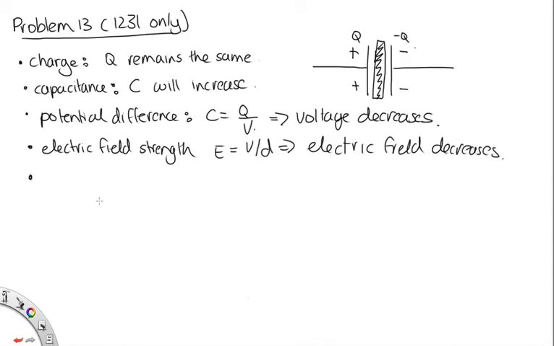And finally, to the stored energy. U, which is equal to Q squared over 2C. Q squared and 2 will remain constant. C is increasing, so U will decrease.